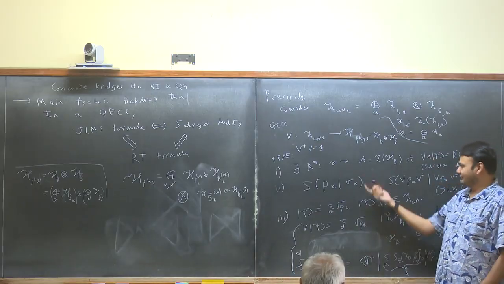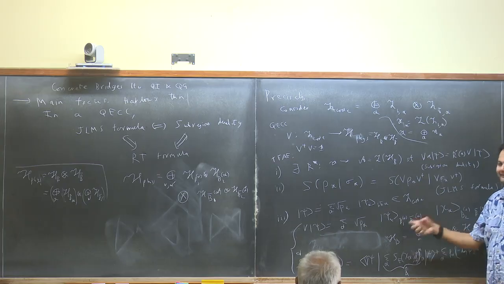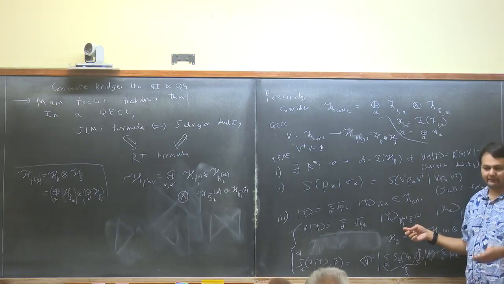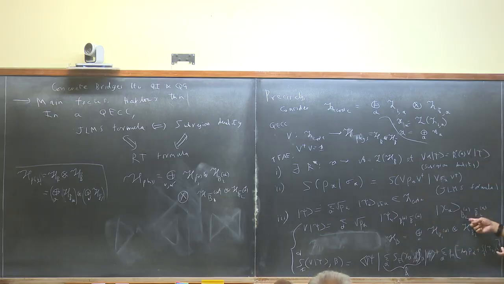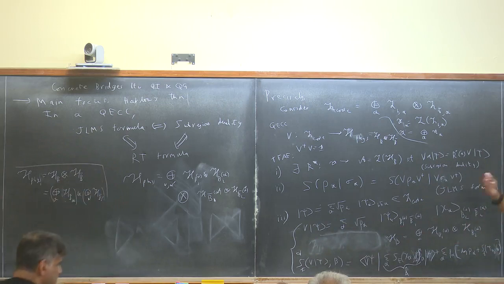The little b degrees of freedom go into capital B1, and then there are degrees of freedom that you don't need to put the state little b in. Those are the capital B2 degrees of freedom, and they are in some fixed state. Otherwise this would not be a linear operator. If the leftover degrees of freedom were not in a fixed state, this would not be a linear operator. So you have to make them in a fixed state.